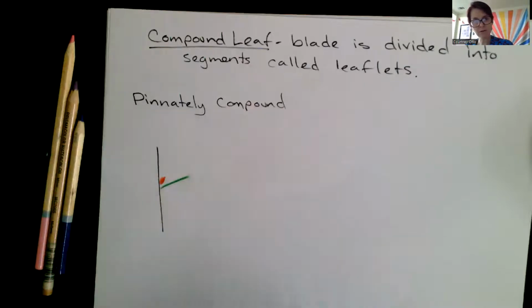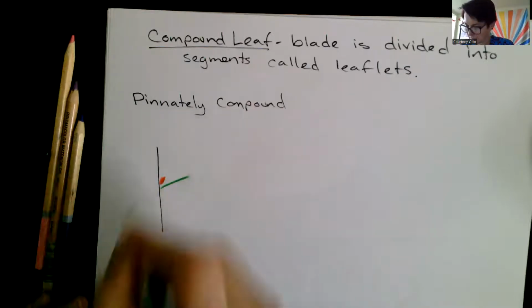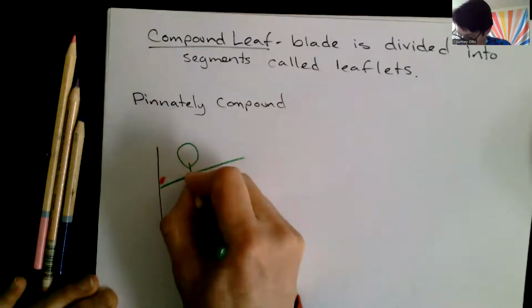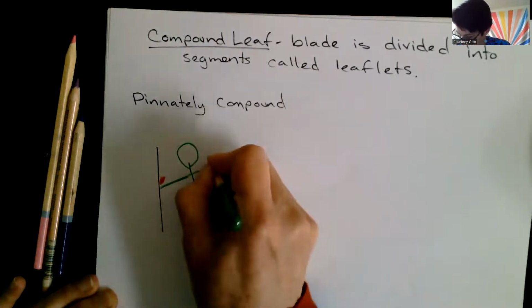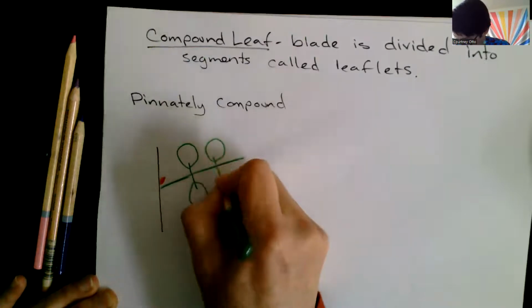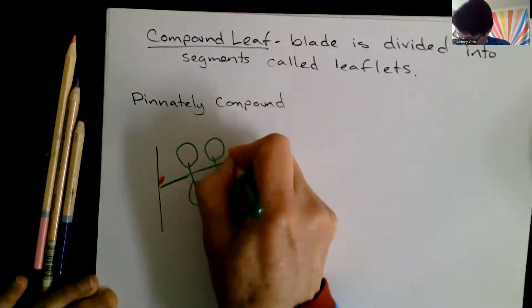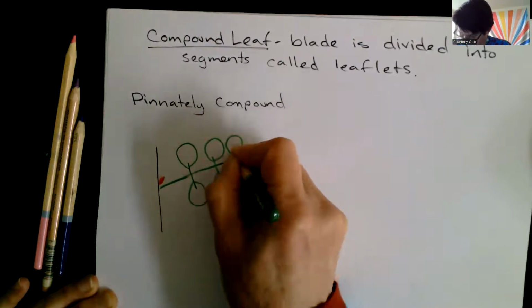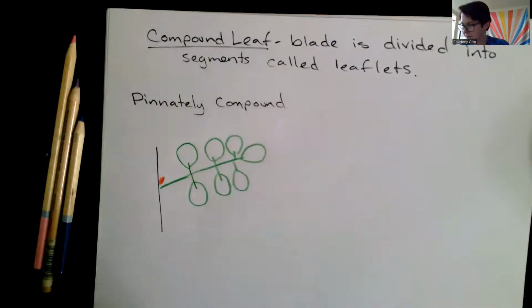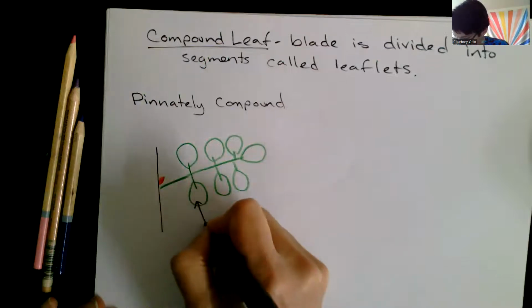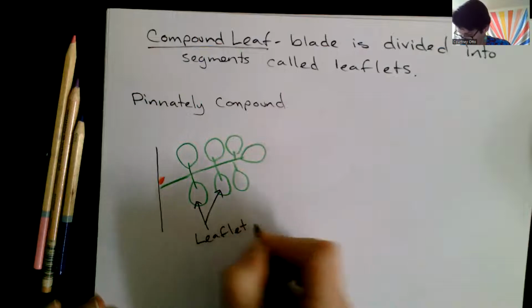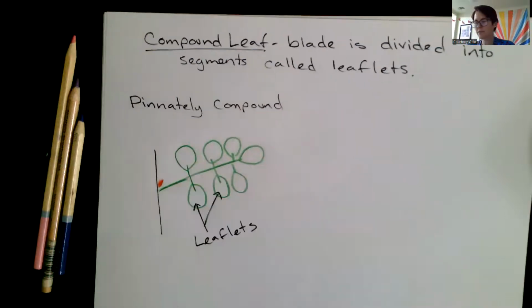I still have that petiole coming off, but my blade is going to be divided up into these segments. Each one of those segments we call a leaflet. And those leaflets are arranged like a feather.